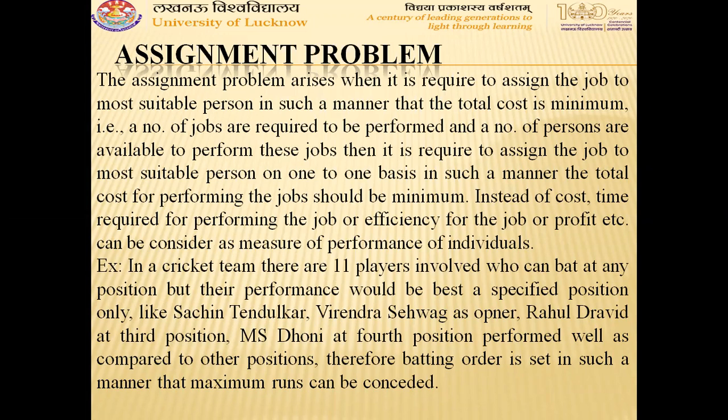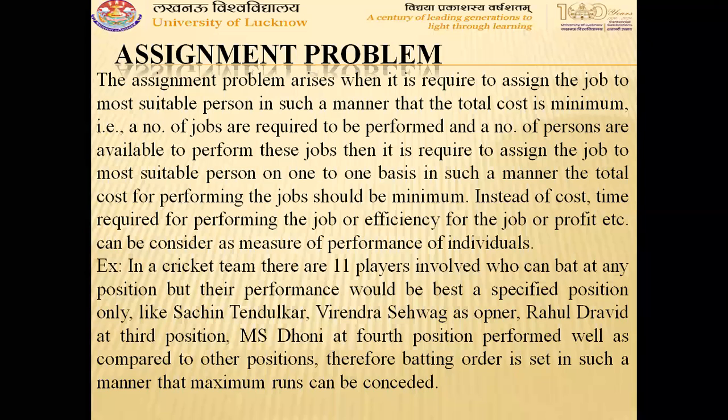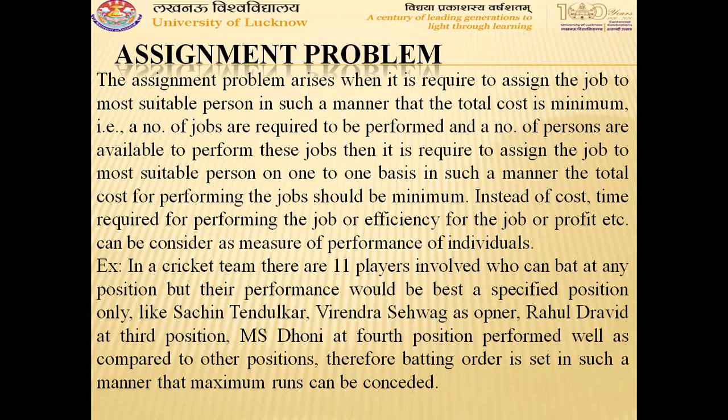For example, you all have seen cricket games. In a cricket team, there are 11 players involved, and these players can bat at any position, that is number 1 to number 11. But their performance would be best at certain specific positions.